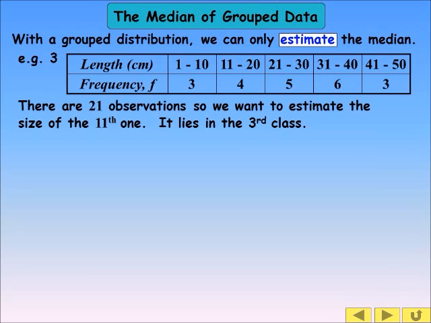You use the formula (n plus 1) divided by 2. (N plus 1) divided by 2 is 21 plus 1 is 22. 22 divided by 2 is 11. Now we know 11 is the median position.